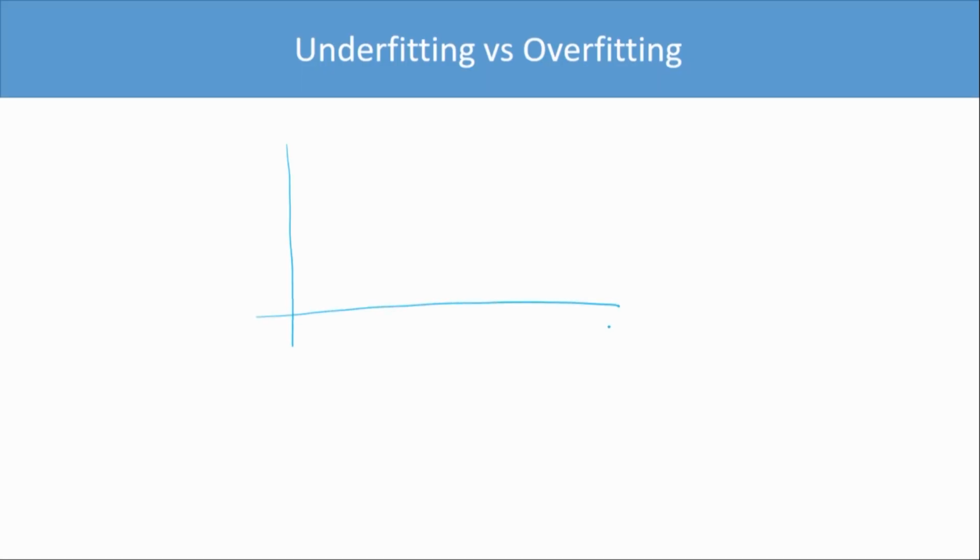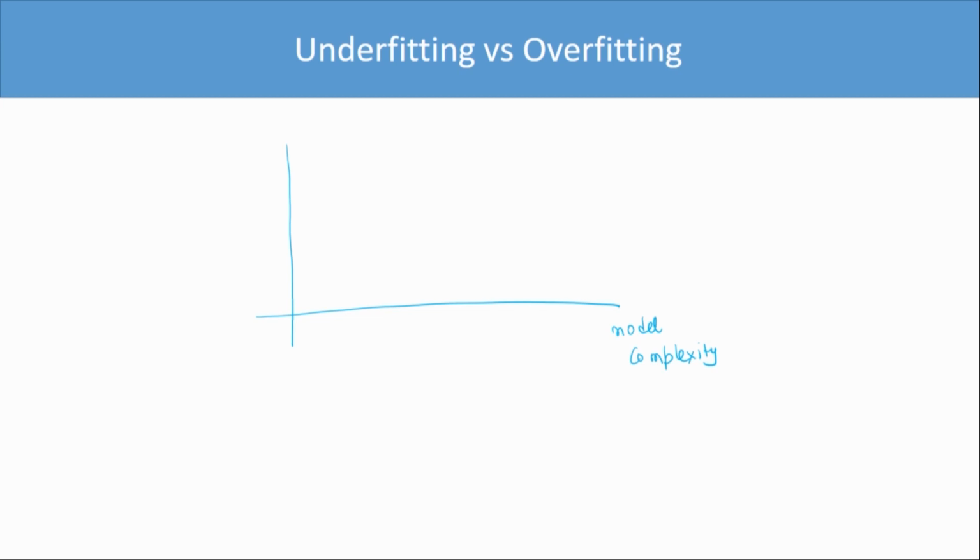Before I say underfitting and overfitting, there's another small thing that might be of interest, which is exactly the same thing, showing in a more graphical way why there is a fundamental trade-off here. Let's say the x-axis is our model complexity.